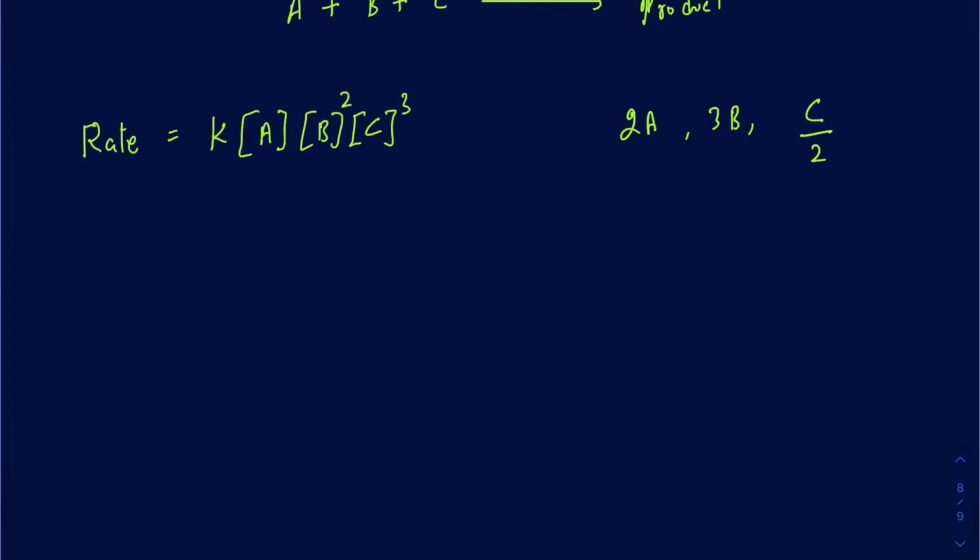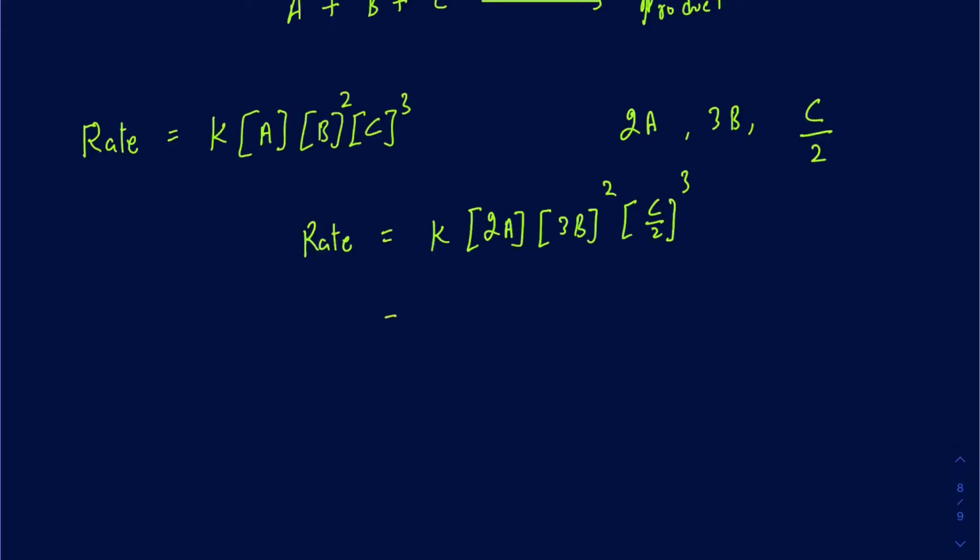So I'll go back and plug those values in there now. It's going to be rate equals k. Your A is doubled, so it's going to be 2A to the power 1, so I don't really have to write down 1 there. And your B is going to be 3B to the power 2, and your C is going to be C over 2 to the power 3.